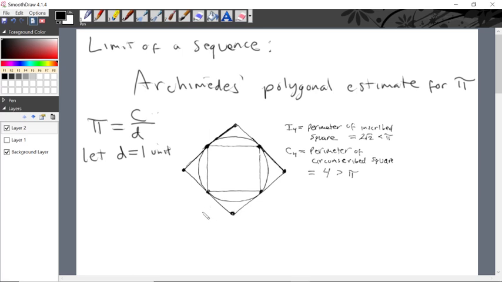He would be very good at drawing circles and using a straight edge and everything. If you let D equal 1 unit, then the circumference of the circle would exactly equal pi. So this circle, if its diameter is equal to 1 unit, has a circumference that is exactly equal to pi.